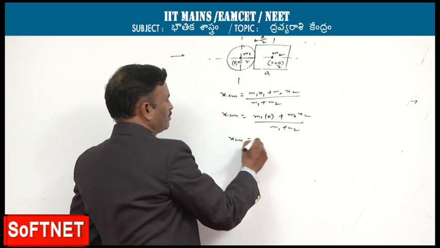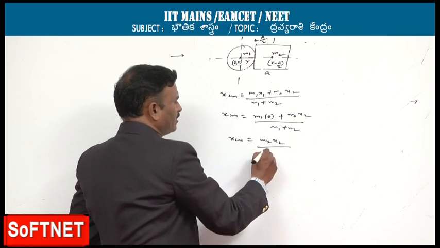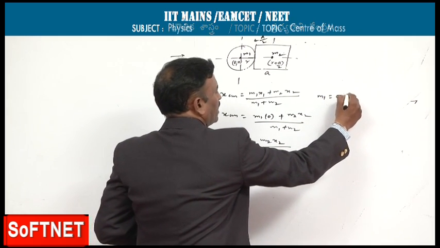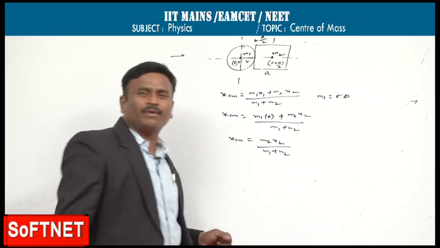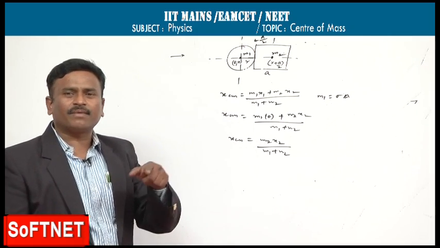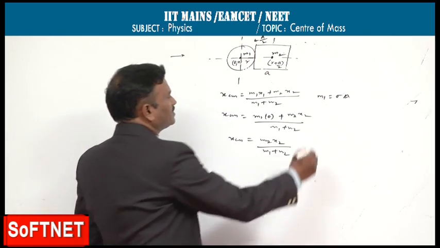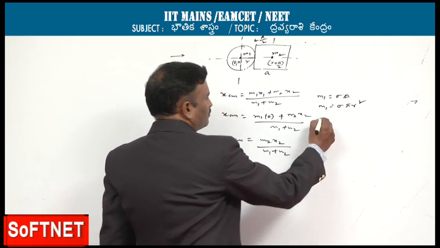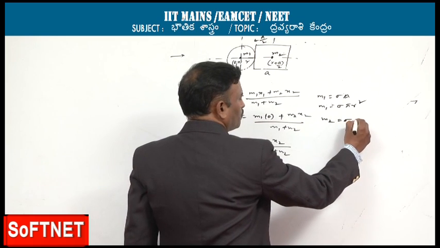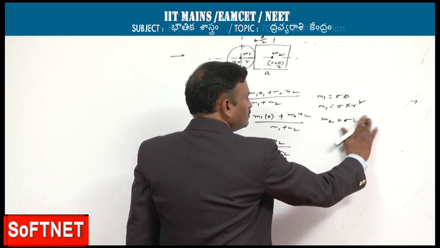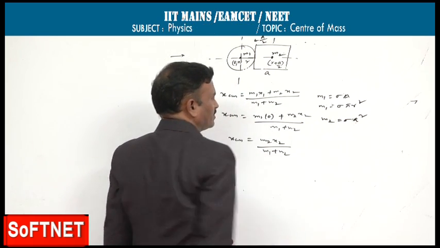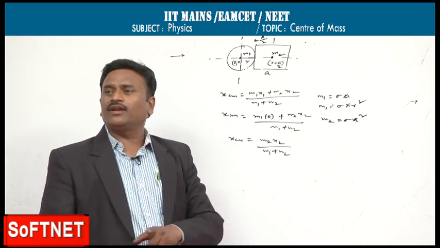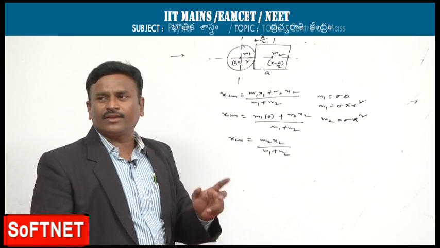Here xcm is equal to m2 x2 by m1 plus m2. m1 is equal to sigma into area of the circular plate, which is pi small r square. m2 is equal to sigma into a square. Area of the square plate is side into side, a square.